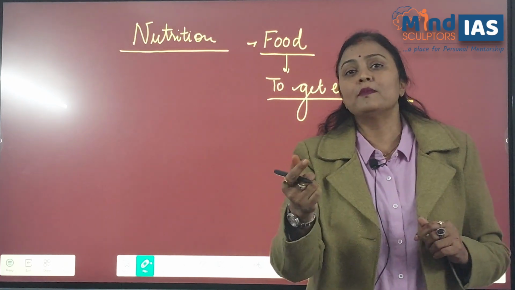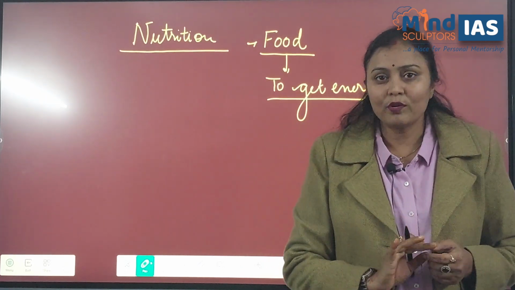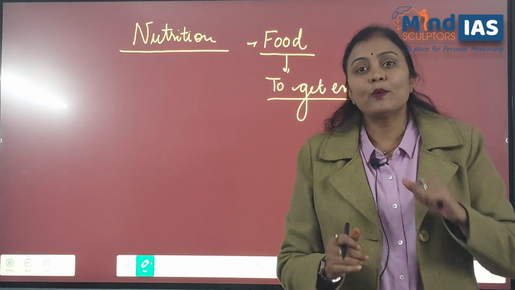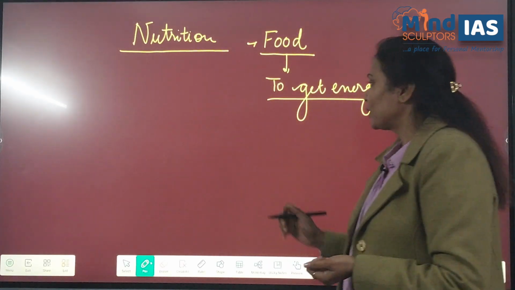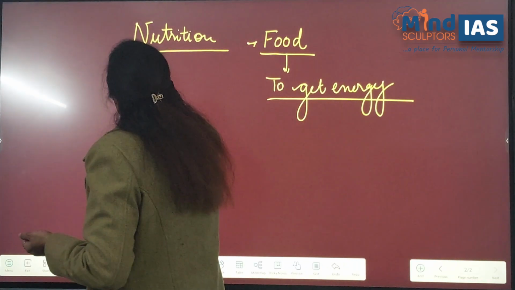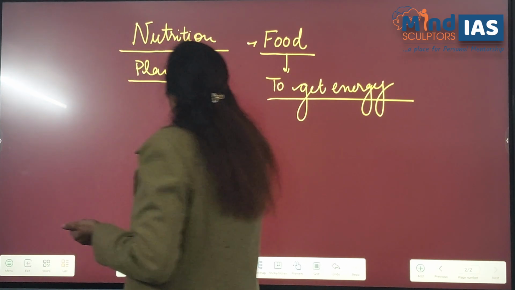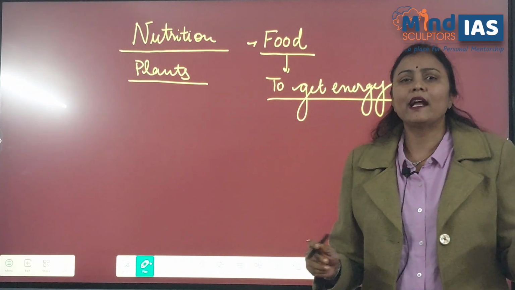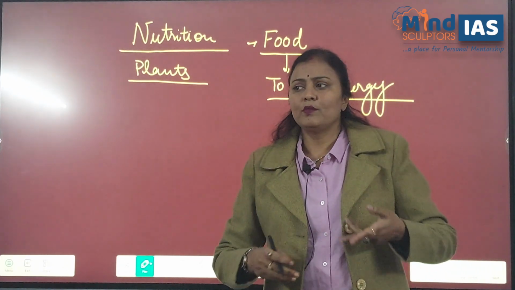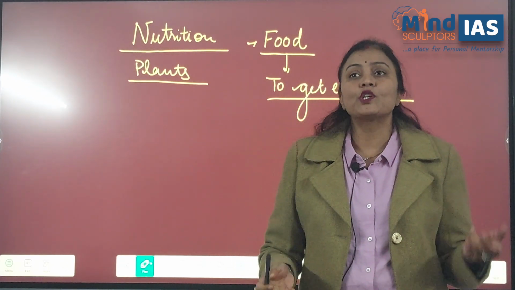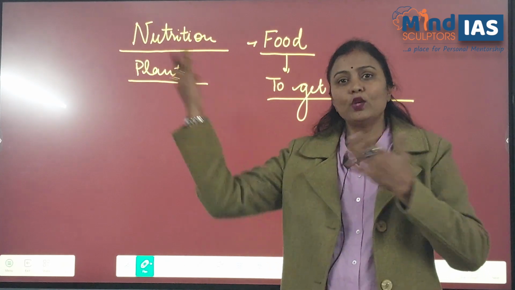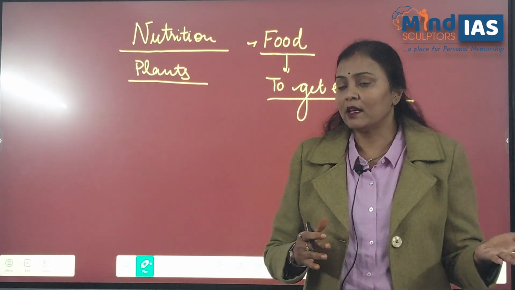Now the question comes: from where do we get the food? The place where we get the food is plants. In lower classes also you have studied that plants are the organisms on the earth which can prepare their own food by using sunlight energy.